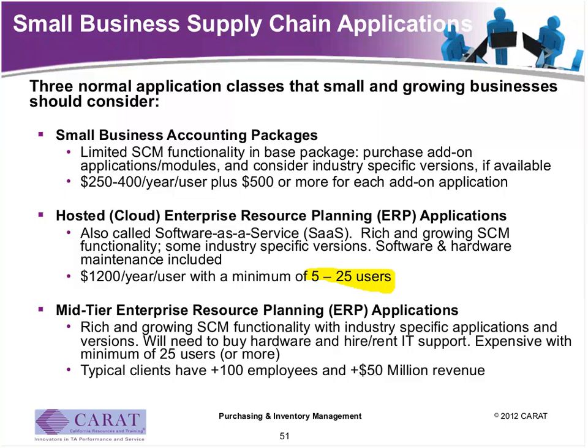They've got fairly rich and growing SCM functionality. They've got some industry-specific versions. And the really nice thing about them is their software as a service. So you pay one price and it covers the software and the hardware and the maintenance. And in fact, you don't even have to have a machine on site. That's all provided to you as a service through the internet.